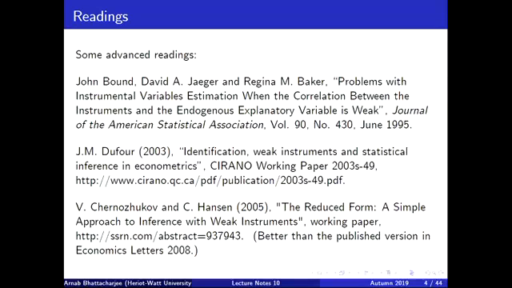Advanced readings. This is a very famous, very important paper, Bound, Jaeger, and Baker. I'm going to come back to this in a little bit. And we are actually making use of a little bit of Chris Hansen's work, particularly this paper.